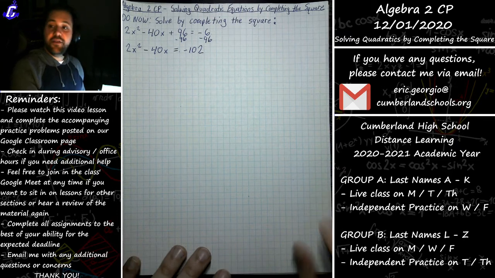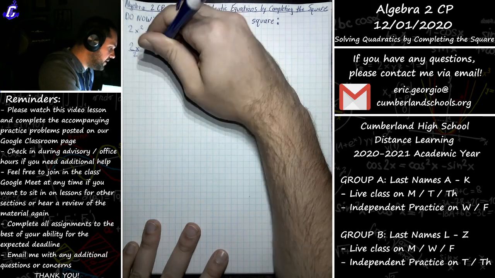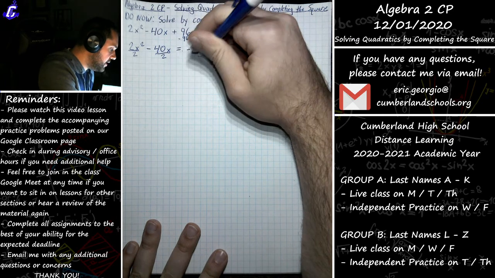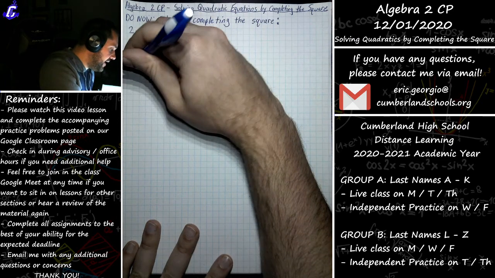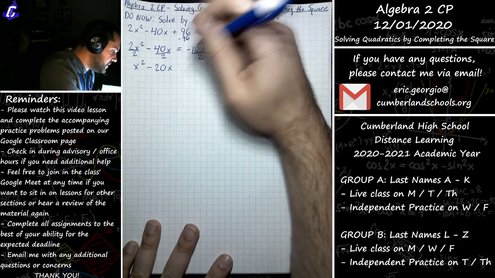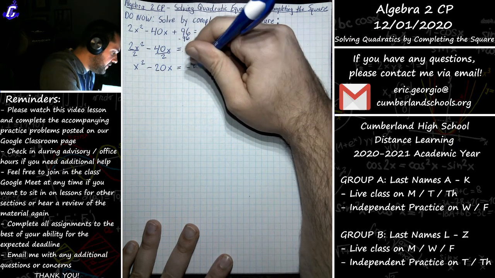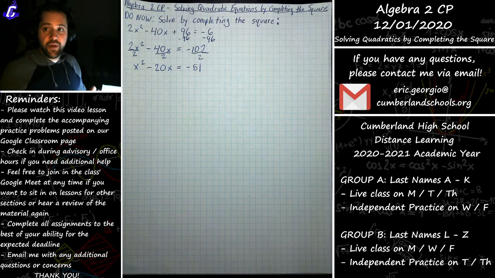We can then divide both sides by the leading coefficient, step 2. So divide everything by 2, and we would get x squared minus 20x equals negative 102 divided by 2, negative 51. So hopefully following so far, we're A-okay.